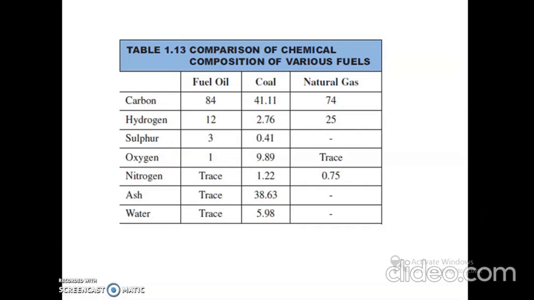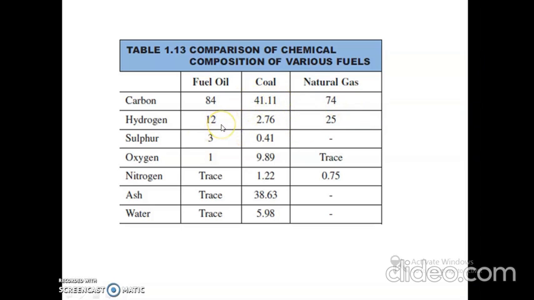Then comparison of the chemical composition of various fuels. Here the liquid, solid, and gaseous fuels are compared. First, in terms of carbon, liquid fuel has the higher carbon content, natural gas is second, and coal has the least.